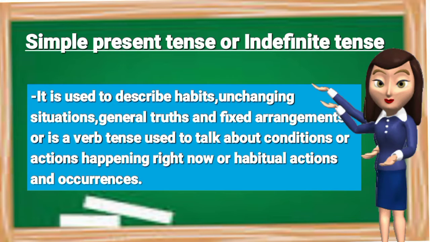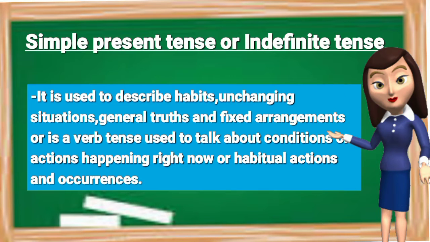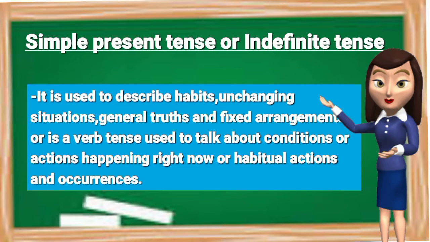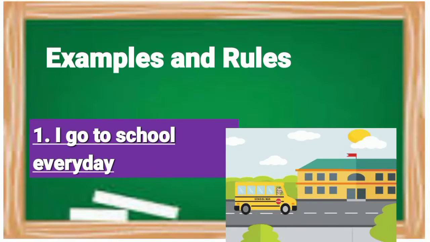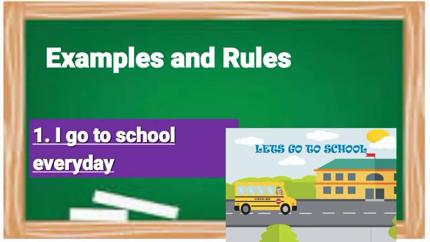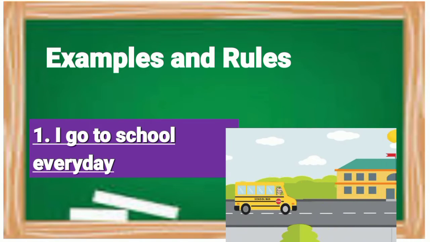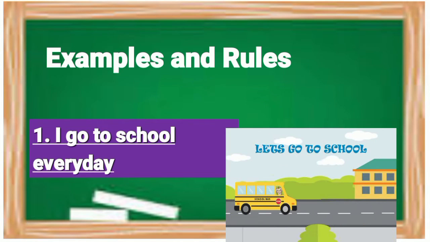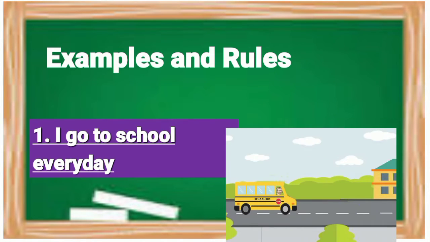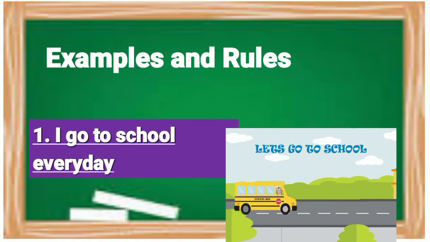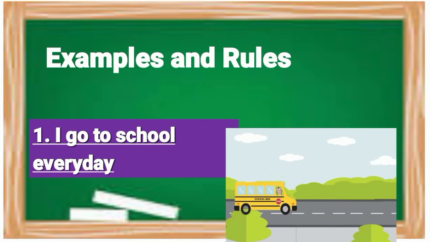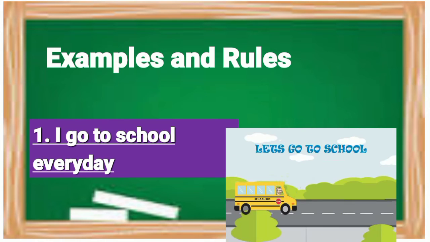So for us to understand what simple present tense or indefinite tense is, I have examples. Here is the example: I go to school every day. So go is the present tense, or that action is still happening. We can identify the simple present tense because it describes a habit, unchanging situation, or schedule.